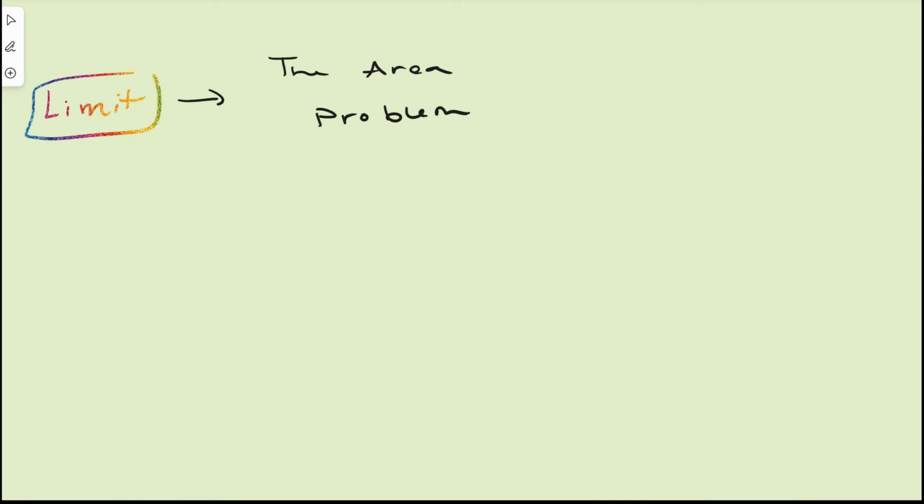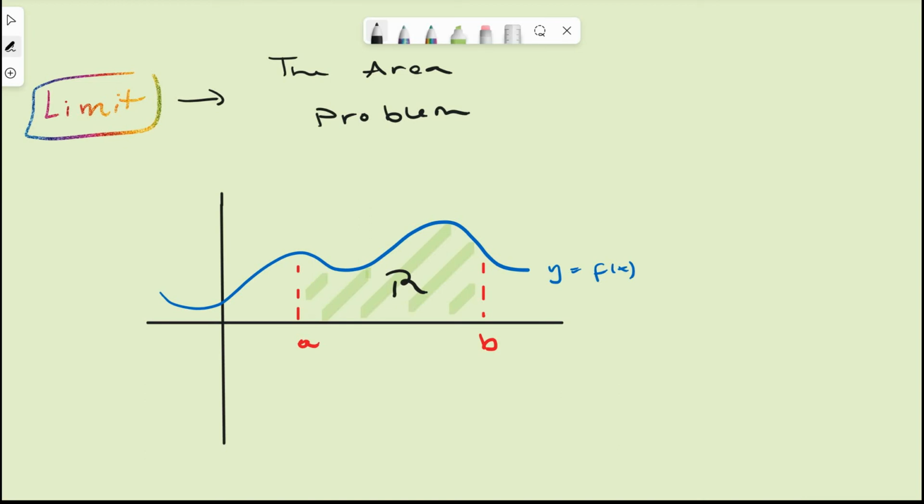Now on the other side, we have the area problem. And that is going to be a problem that leads us into integral calculus. So the problem is, how do we compute the area under the curve y equals f of x between a and b, right?